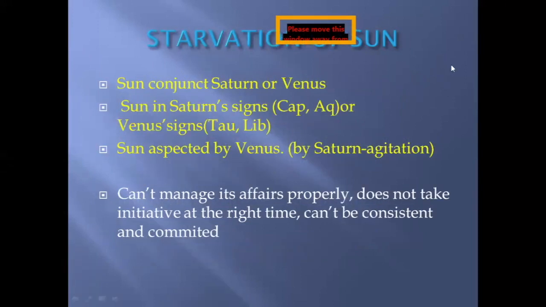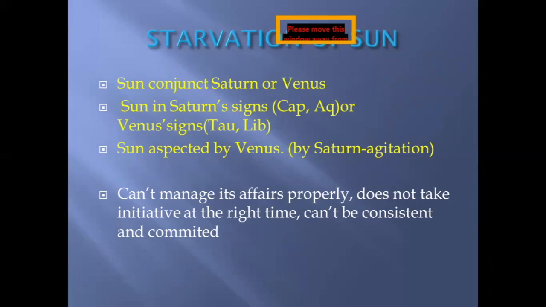Now, let's talk about the starvation of the Sun. And that happens when the Sun is conjunct Saturn or Venus, okay, which are its enemies. When the Sun is in Saturn signs in Capricorn or Aquarius, or Venus signs in Taurus or Libra, or when the Sun is aspected by Venus.